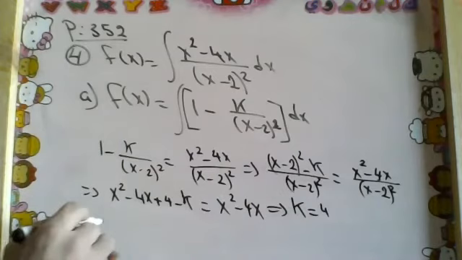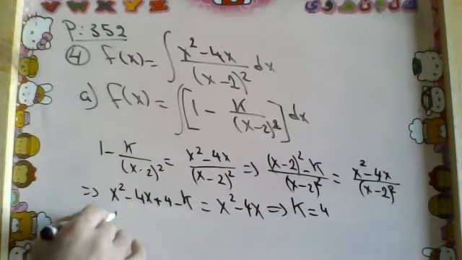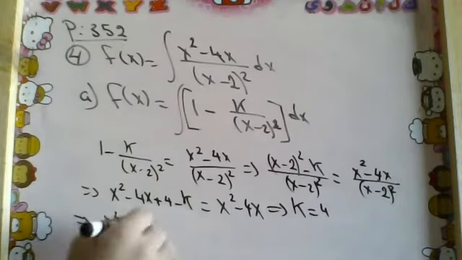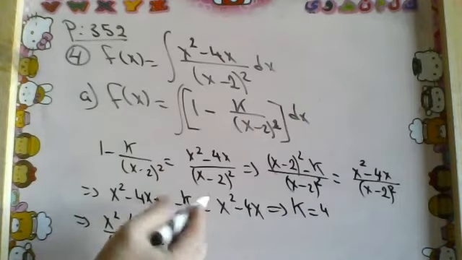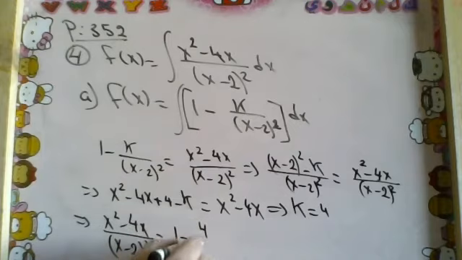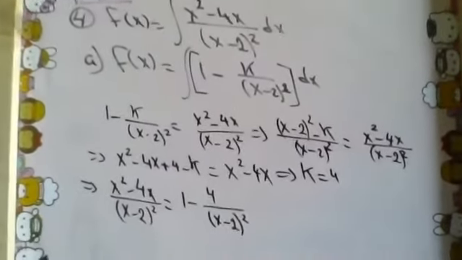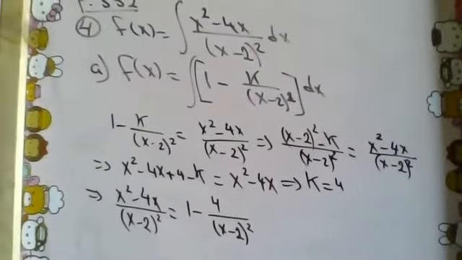This means that x squared minus 4x over x minus 2 squared is 1 minus, replacing k by its value, 4 over x minus 2 squared.